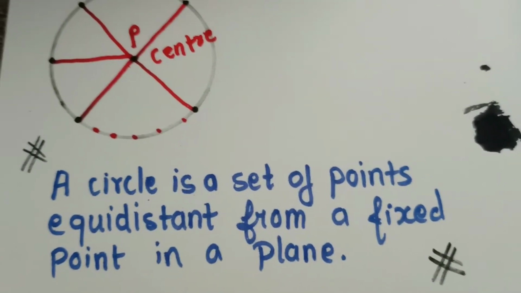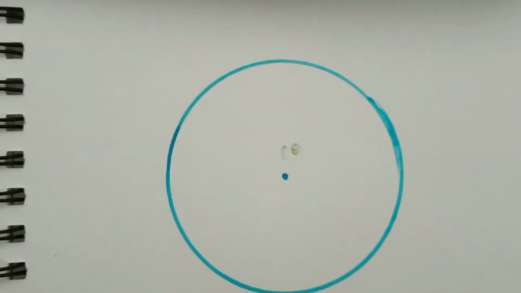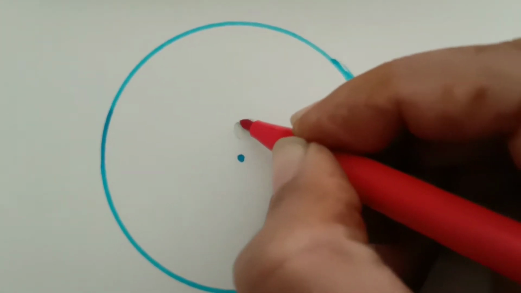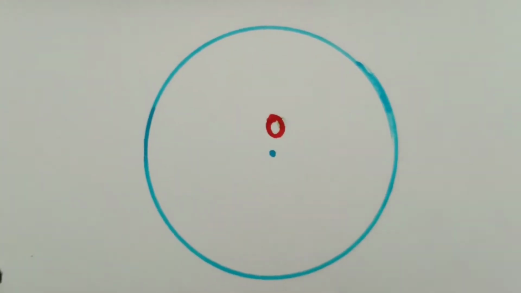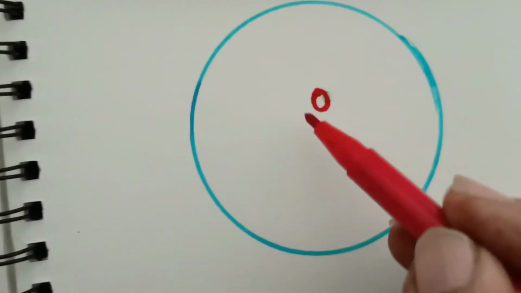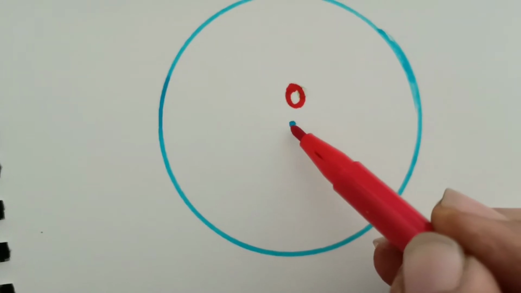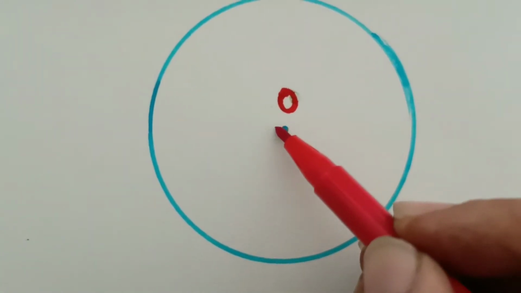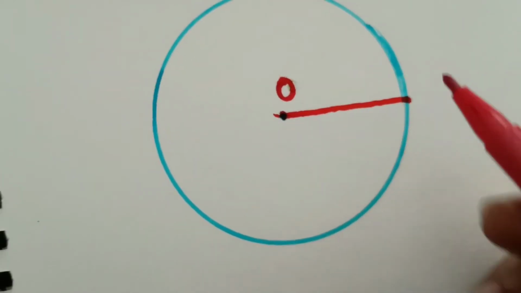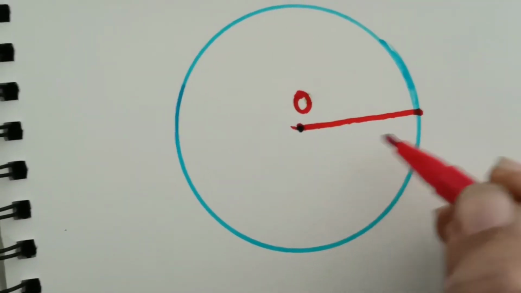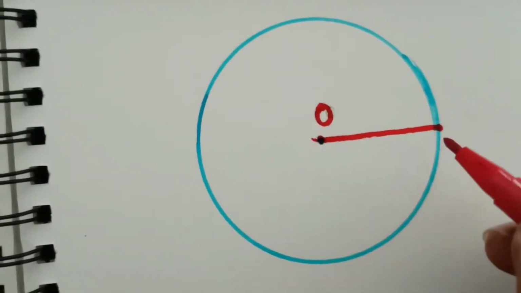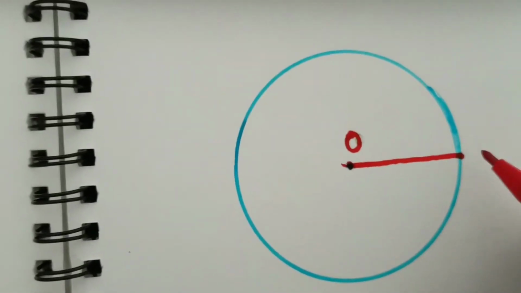Now let us learn something more about the circle. Let us name this center as point O. So O is the center of the circle, and if I draw a segment joining the center of the circle to the boundary of the circle, this segment joining the center to any point on the circle is known as the radius.